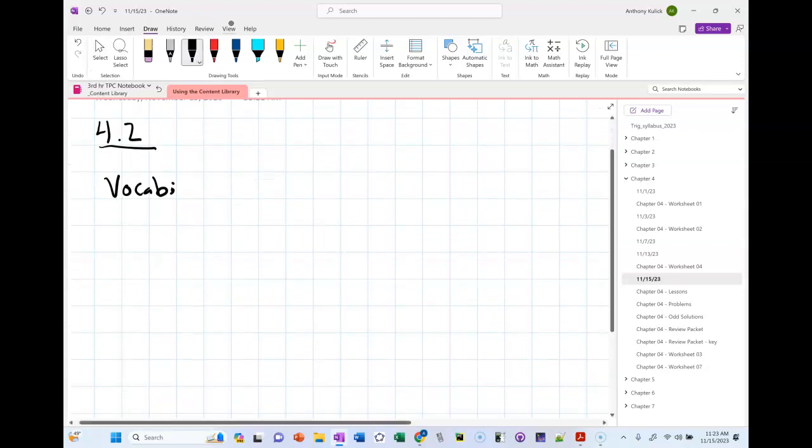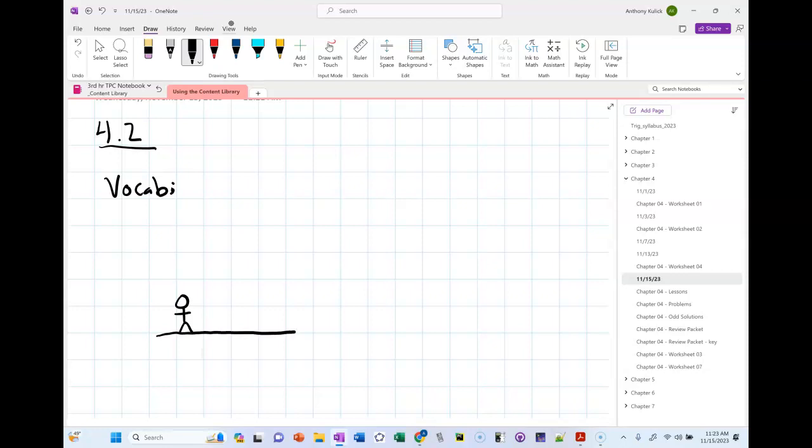And I want to start here with 2 terms. But these 2 terms I'm going to define with a picture. Okay? So let's say we have 2 people. One person's on the ground and one person's at some elevated position.